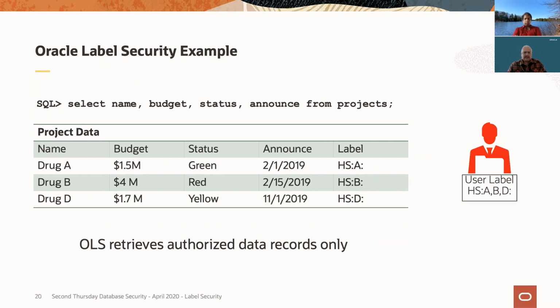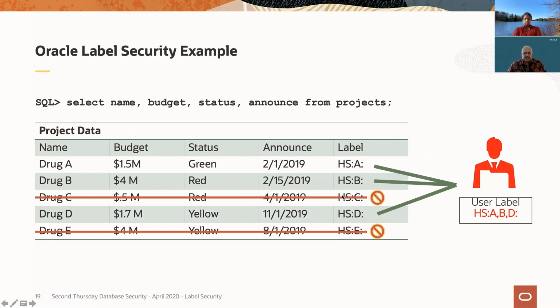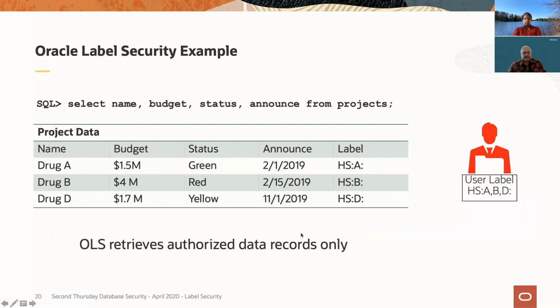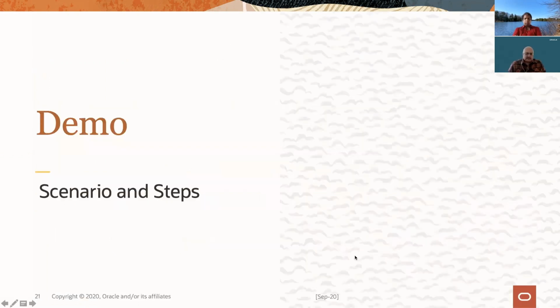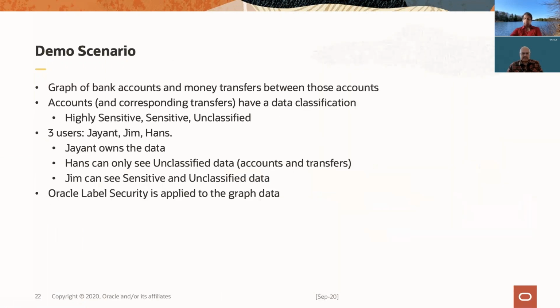So when the user tries to access the data, you won't be able to see things that are from compartment C or compartment E. Okay, so that in a nutshell is how label security is applied to graphs. We will be applying the label security to the nodes and to the edges.